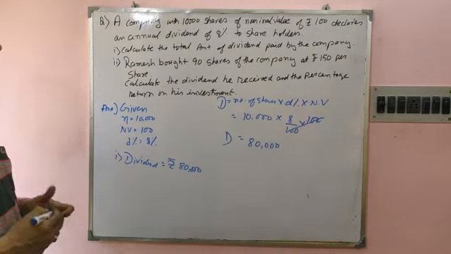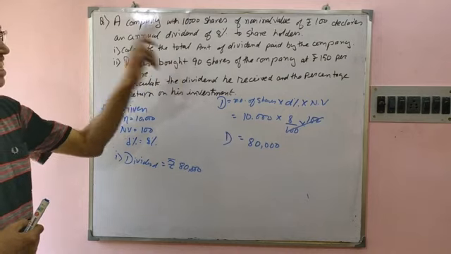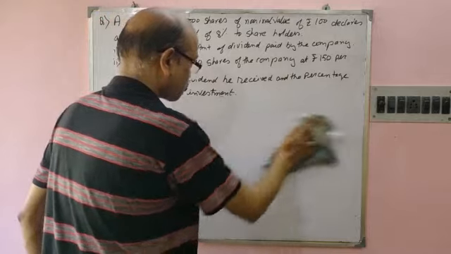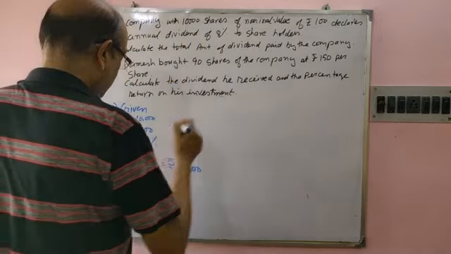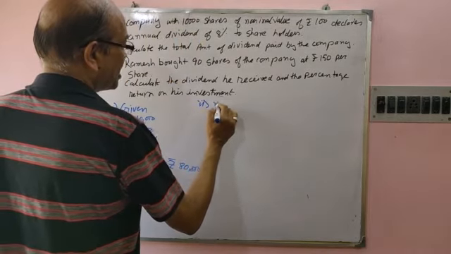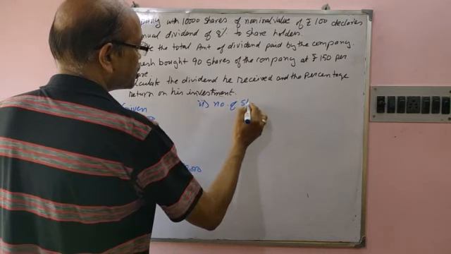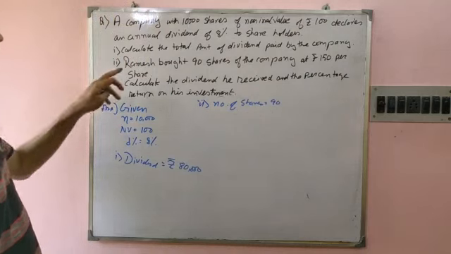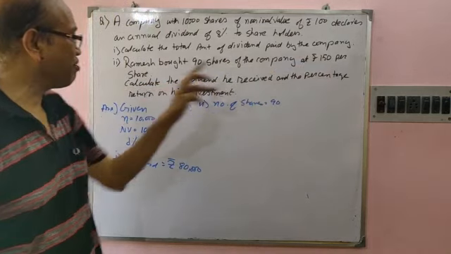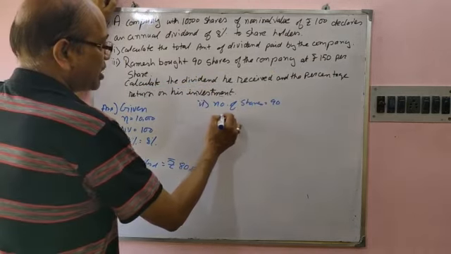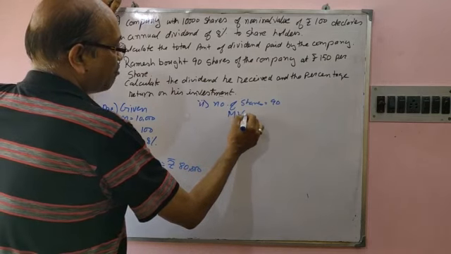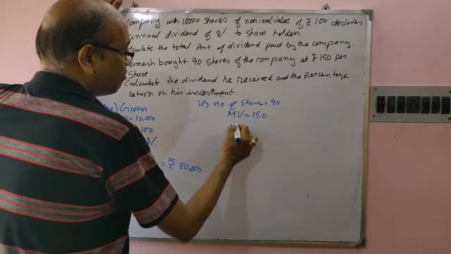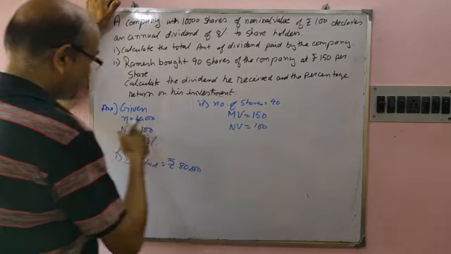Second part, please understand the second part. He says Ramesh bought 90 shares of the company. For part 2, number of shares is 90 at rupees 150 per share. That means the market value is 150 and nominal value was 100.